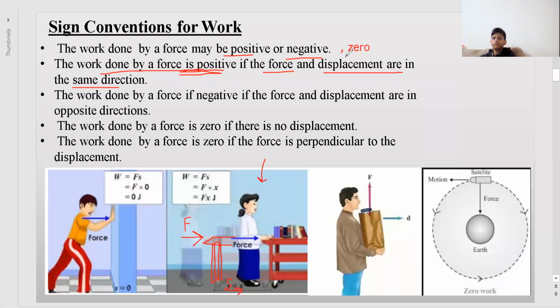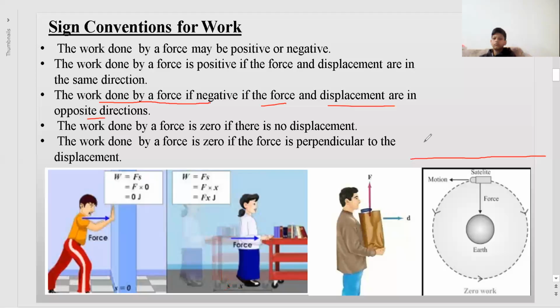Now, what are the cases for negative work done? For negative work done, the statement is: the work done by a force is negative if the force and displacement are in opposite direction. Now, which are such cases? Suppose a football is rolling on a ground.